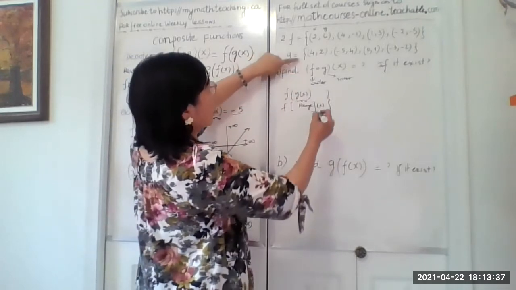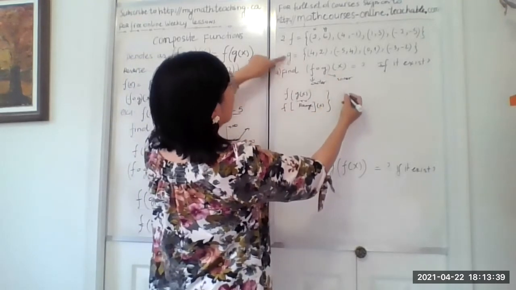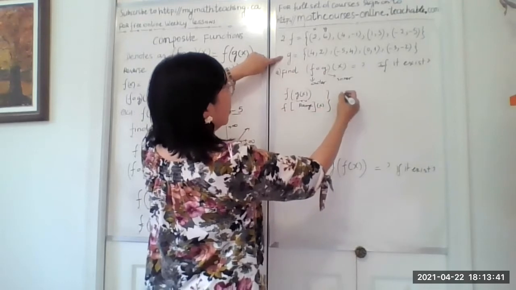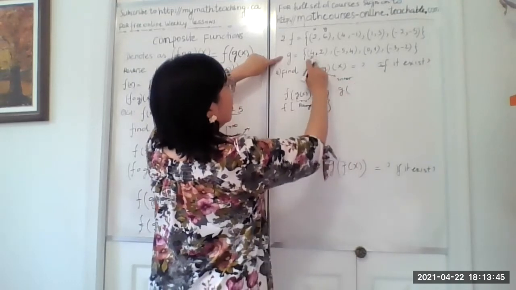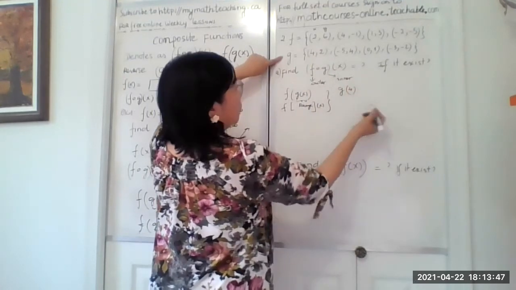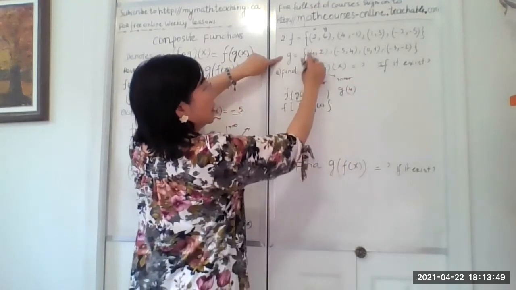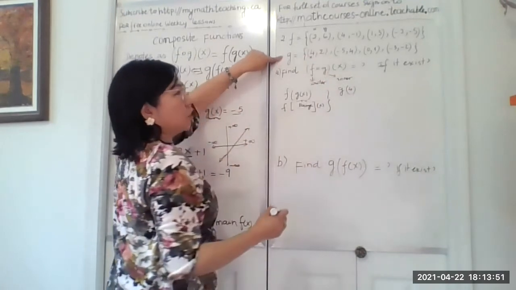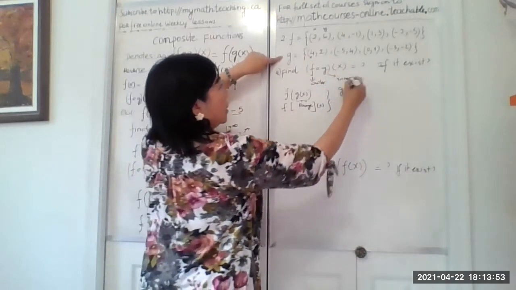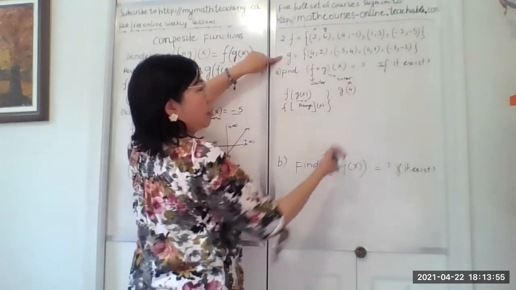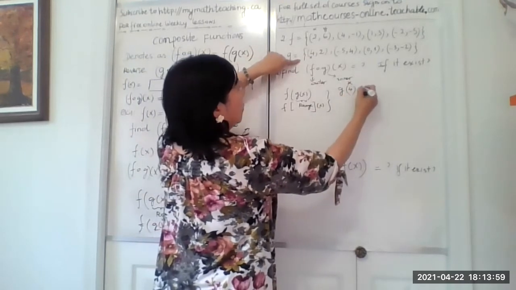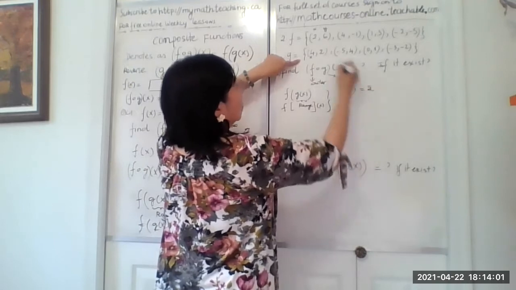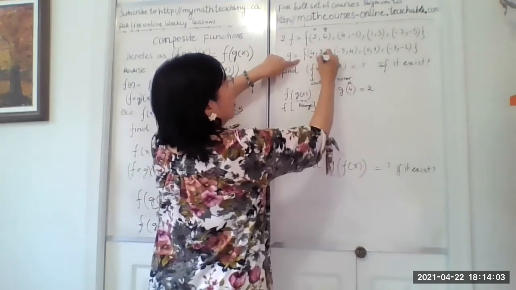The function g of x will have a range that looks like this. Take g of 4. The 4 is in the domain, because the domain is the set of x values of the g function. So g of 4 equals 2, because 2 is the y coordinate.